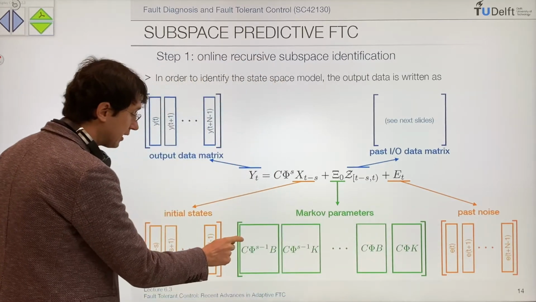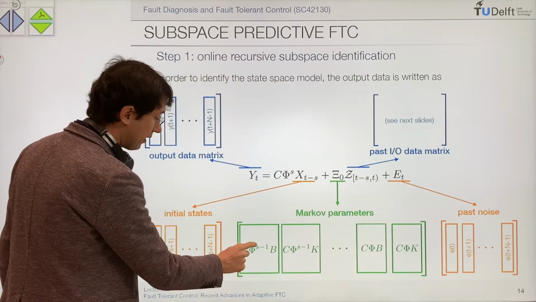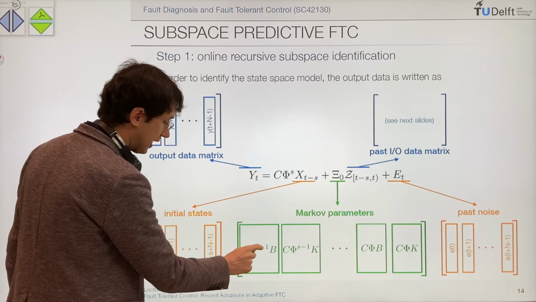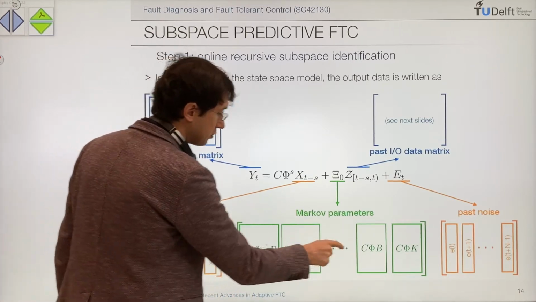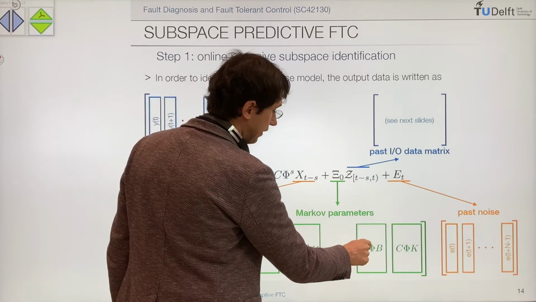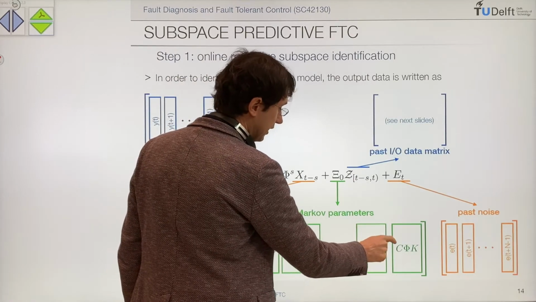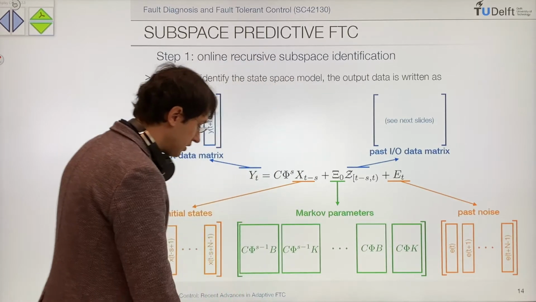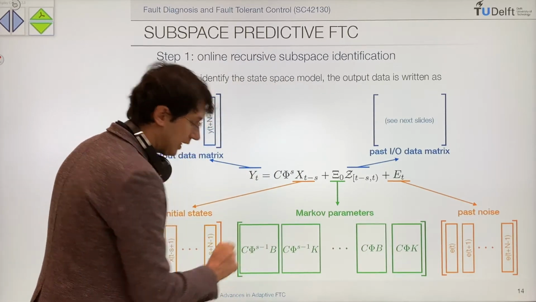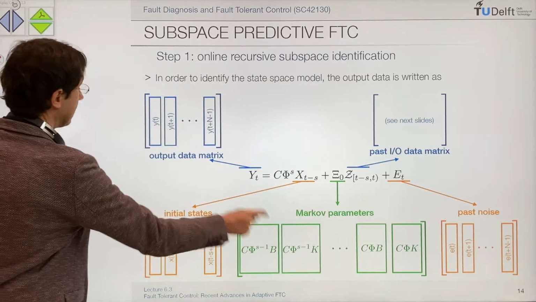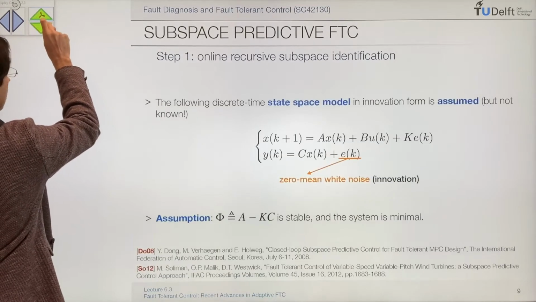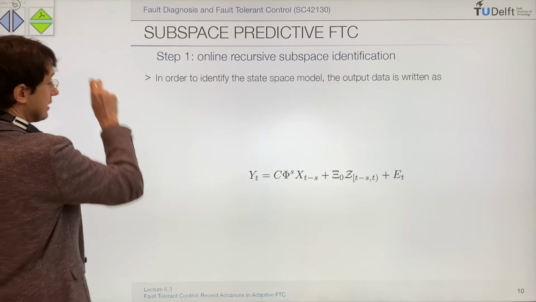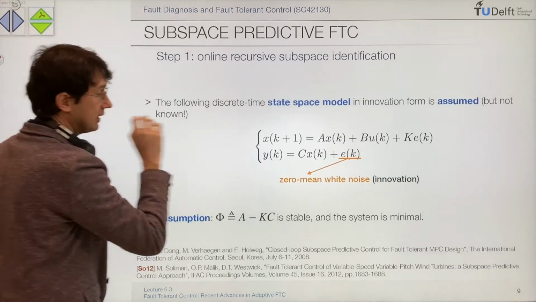So we have here C and then phi to the power s minus 1 that multiplies B, the same that multiplies K, up to C phi to the power 1 that multiplies B, and similar that multiplies K. So you see here C, phi, B, and K, the matrices that we had here.